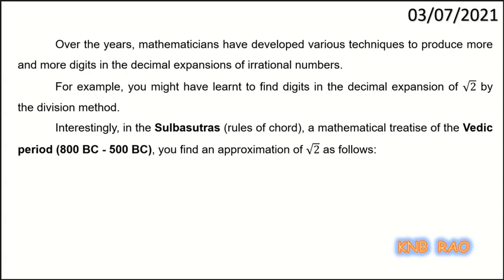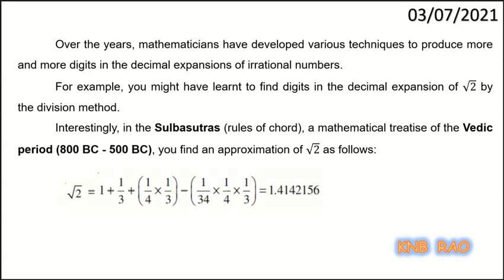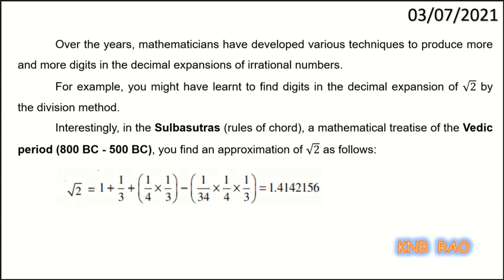The Sulabha Sutras have given an approximate value of root 2 as 1 plus 1 by 3 plus 1 by 4 into 1 by 3 minus 1 by 34 into 1 by 4 into 1 by 3, which is correct to 5 decimal places. Root 2 value will give 1.41425.